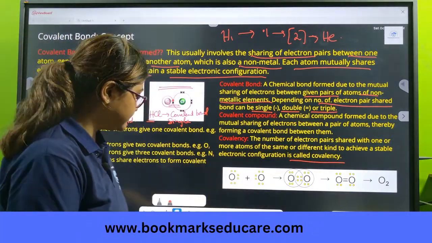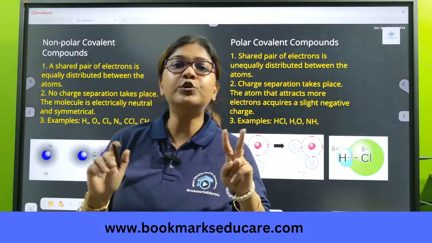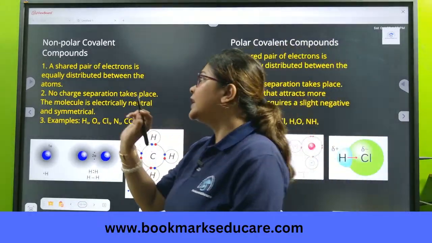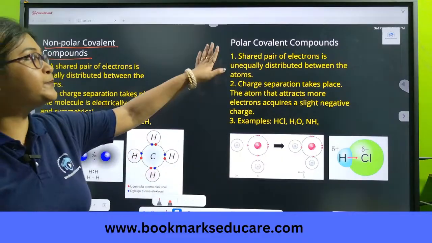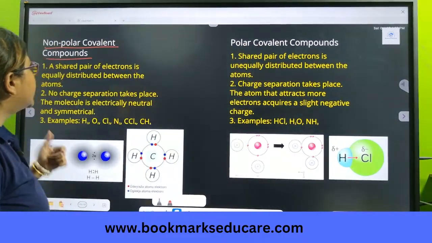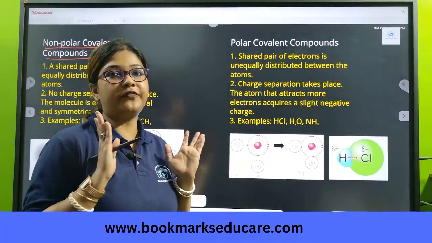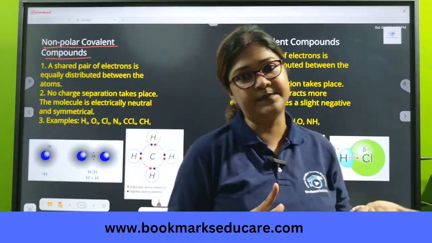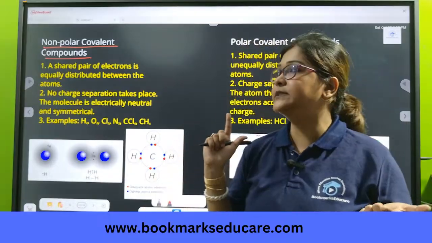Now you see, there are 2 types of covalent compounds. One is non-polar covalent compounds and the other is polar covalent compounds. Now what are non-polar covalent compounds? When the shared pair of electrons is equally distributed by both of the atoms, then they give us the non-polar covalent compound.